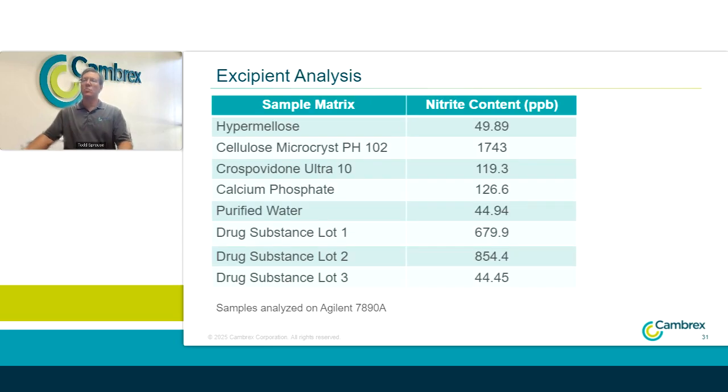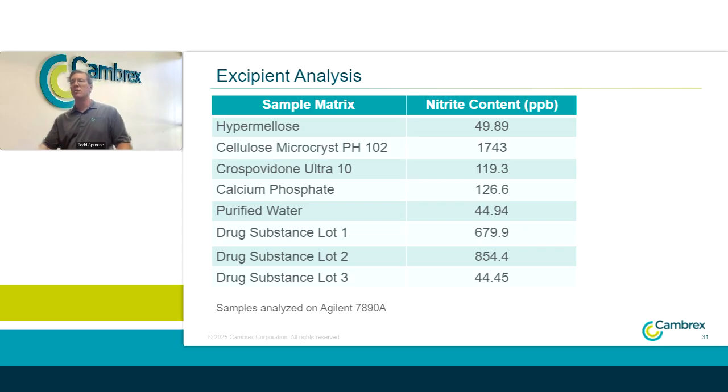And so we evaluated then a set of these excipients for their base nitrite content, and finding 50 ppb up to close to 2,000 ppb as well for the cellulose there.